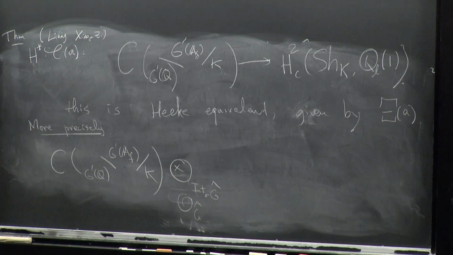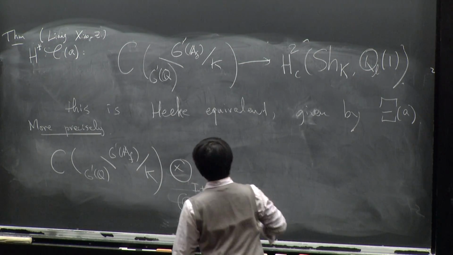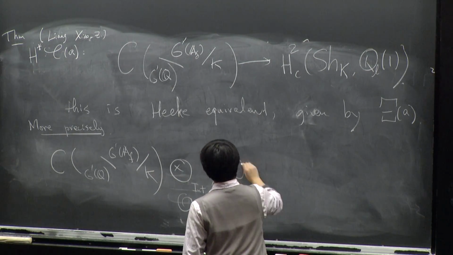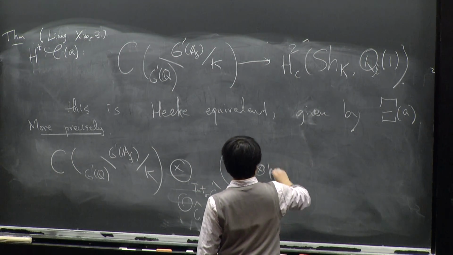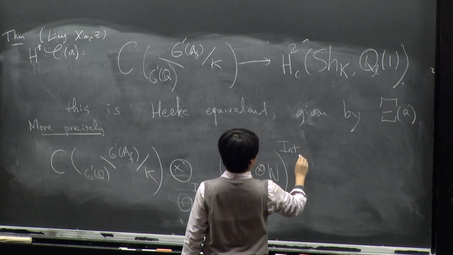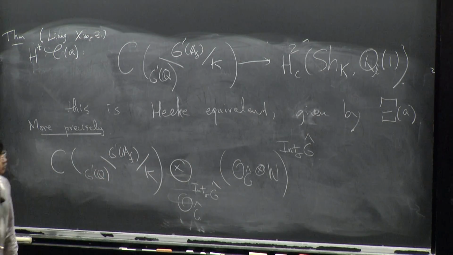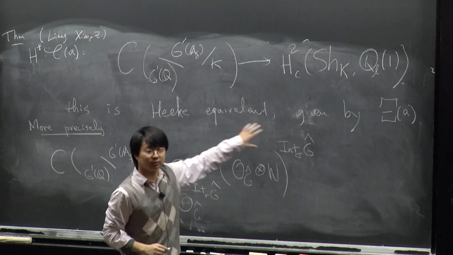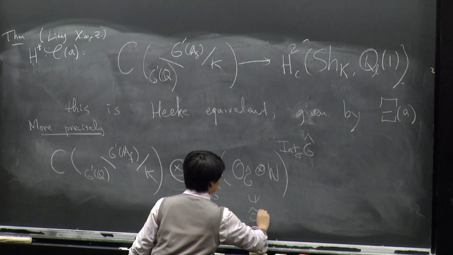Okay. Now I have this. Here I have this space of G hat equivariant maps from G hat to W, which I gave before. So this is where my sigma A lives.